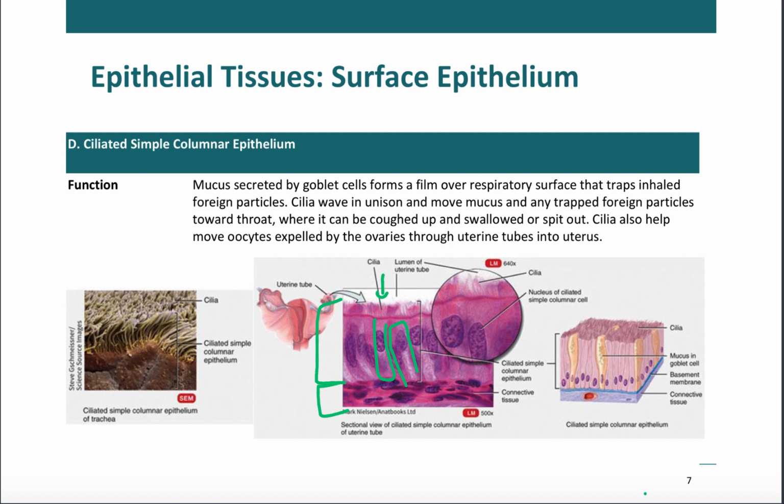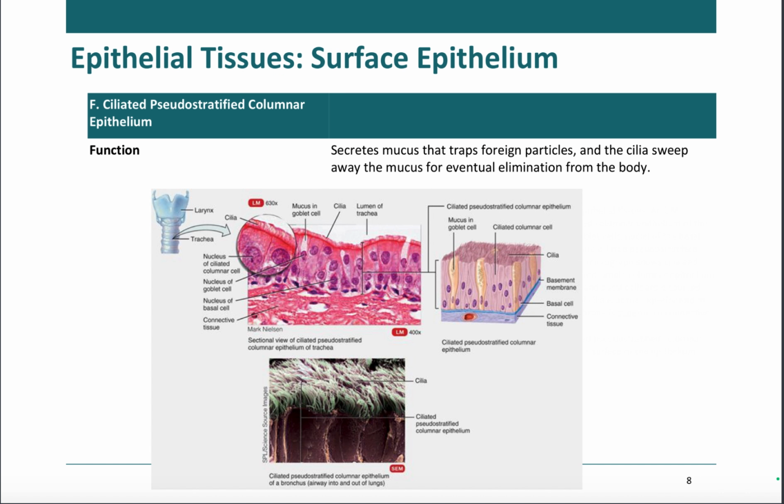There is one example, stratified squamous, where there are distinct weird regions, but it's got a real distinct look to it. And those weird regions are still all considered stratified squamous.